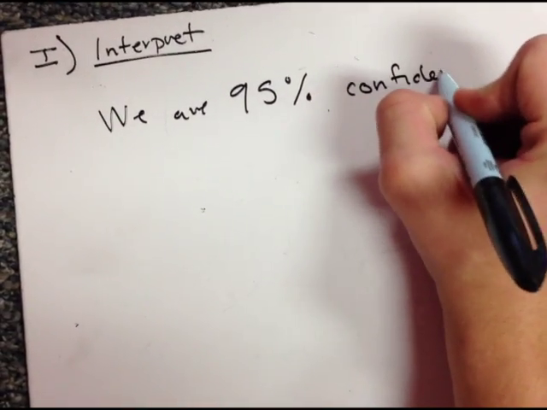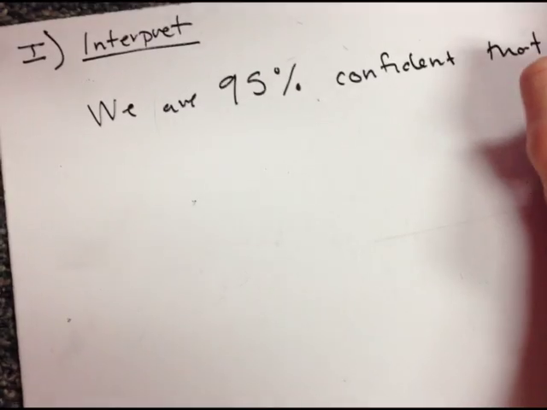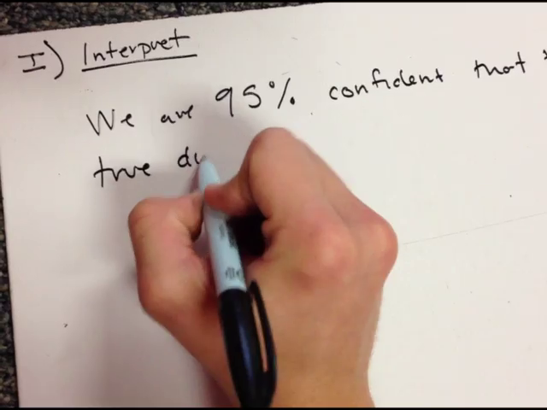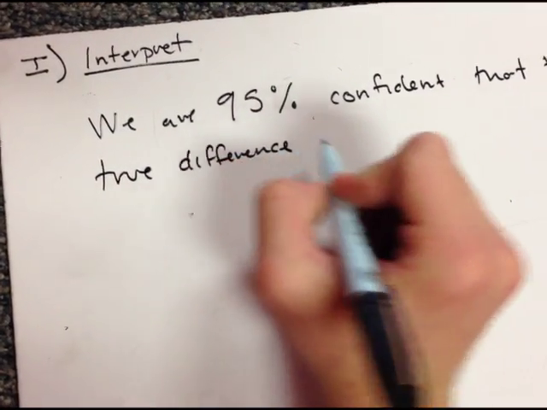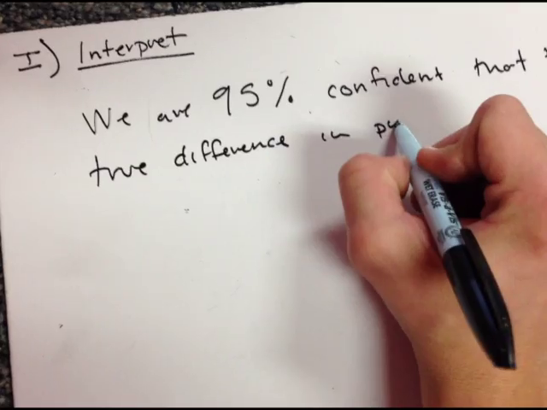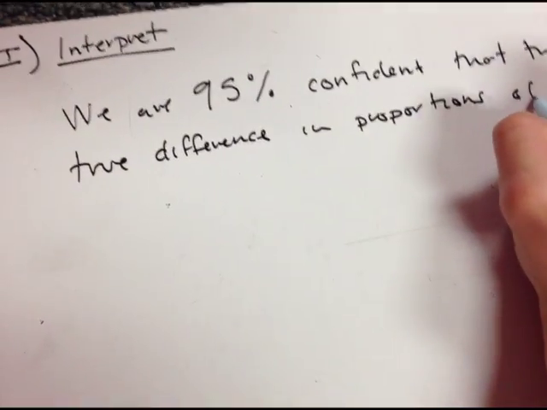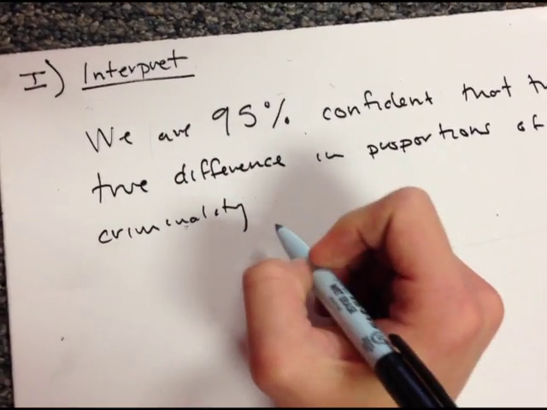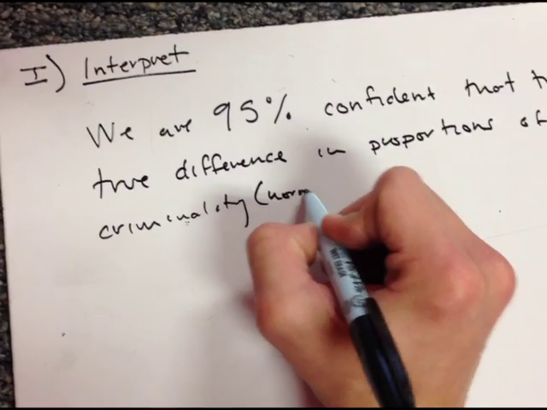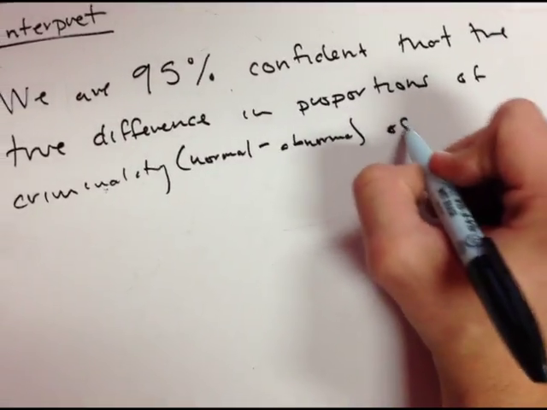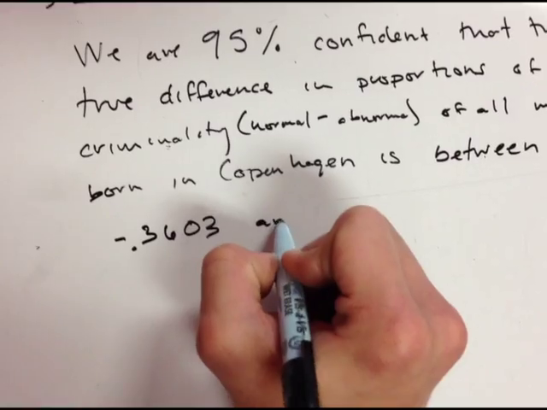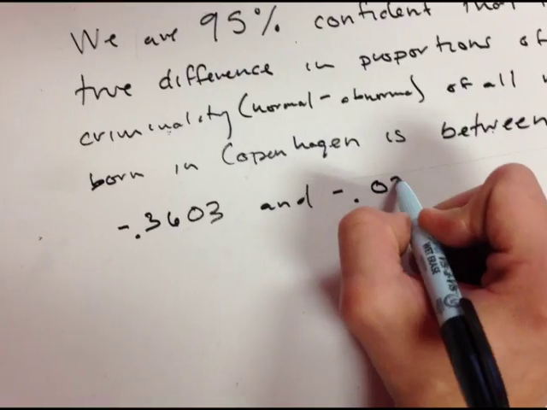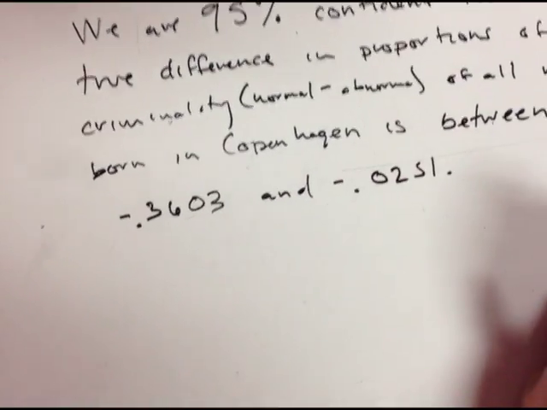For this problem, you say we are 95% confident that the true difference in proportion of criminality, normal minus abnormal, of all males born in Copenhagen is between negative 0.3603 and negative 0.0251. And I apologize for my handwriting this entire time.